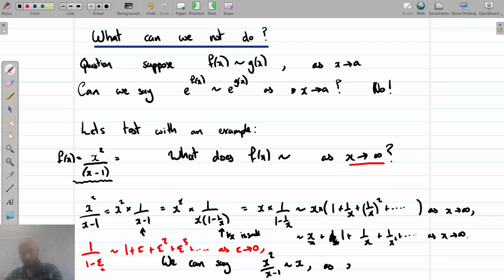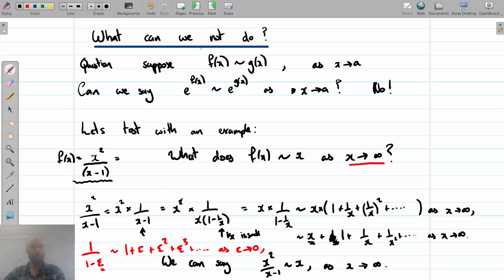We'll come back and talk about what happens if I use more terms later. So what does f of x twiddle as x tends to infinity? And the answer is it twiddles x. So the leading order contribution, the main term, is just x.